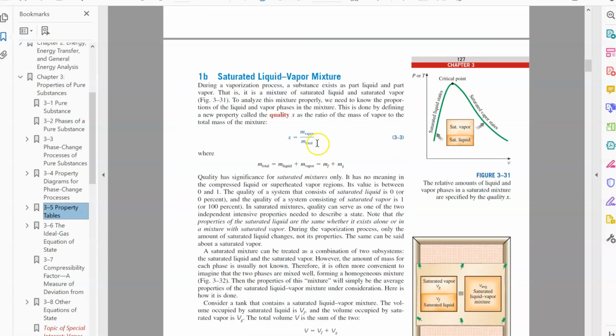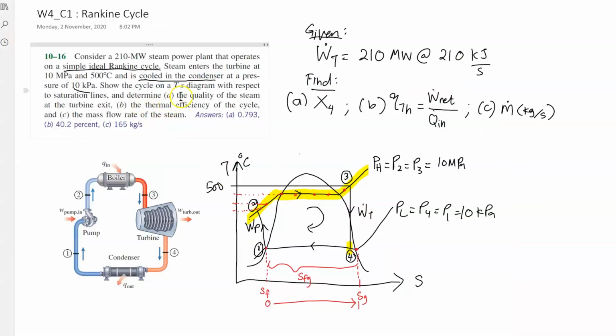Basically the x value is a measurement of the mass of water vapor divided by the total mass. That's why, if you read through the question, it says the quality of the steam at the turbine exit. So how much the steam has changed into water vapor with respect to the whole mass of the steam.